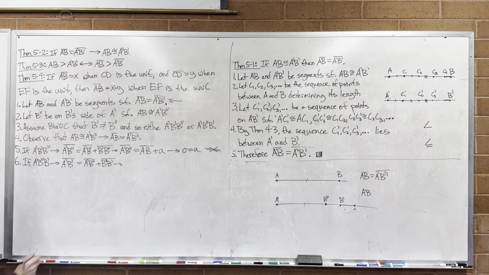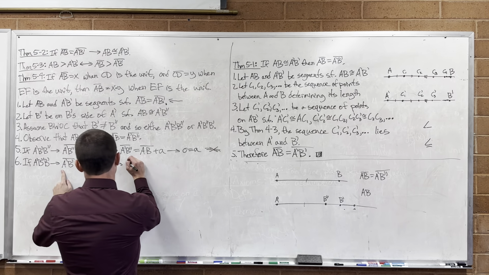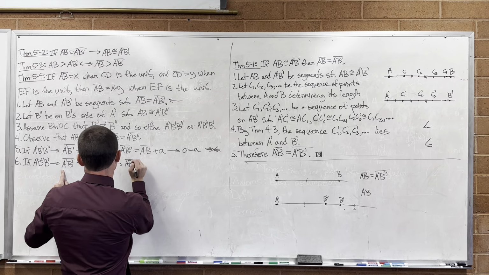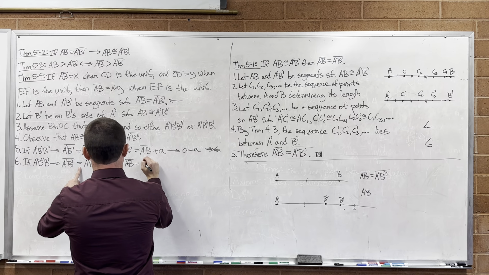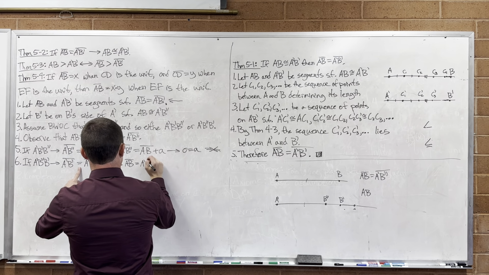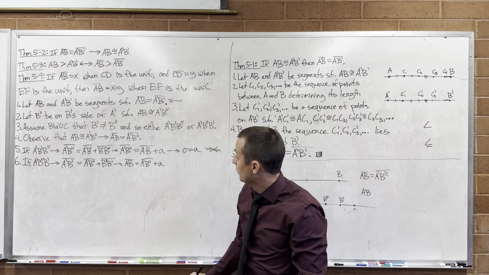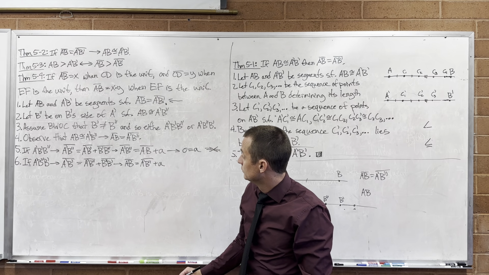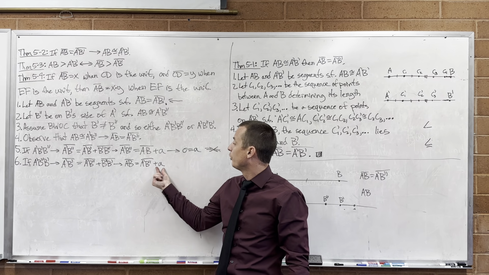Again, I know that the length of A prime B prime is equal to the length of AB. So I'm going to rewrite this. If the length of AB is equal to A prime B double prime, that means A prime B prime is equal to A prime B double prime, and that's impossible, because for this other value to be 0.